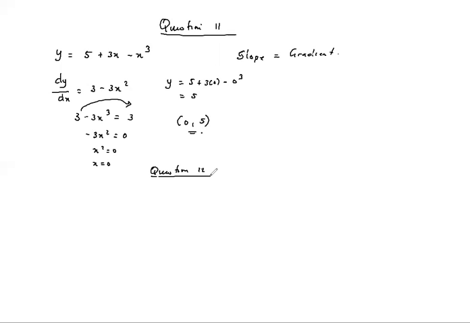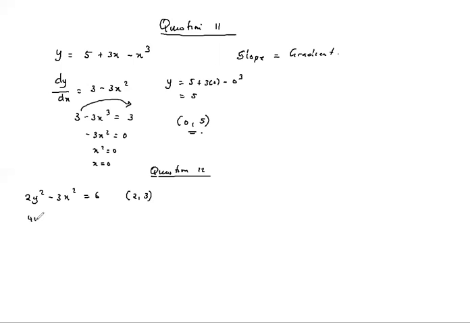Find the equation of the tangent line to the curve 2y squared minus 3x squared is equal to 6 at a point (2, 3). What do you need? You need a gradient. How do you get the gradient? You differentiate. How do you differentiate here? Implicit differentiation. It won't take us time.